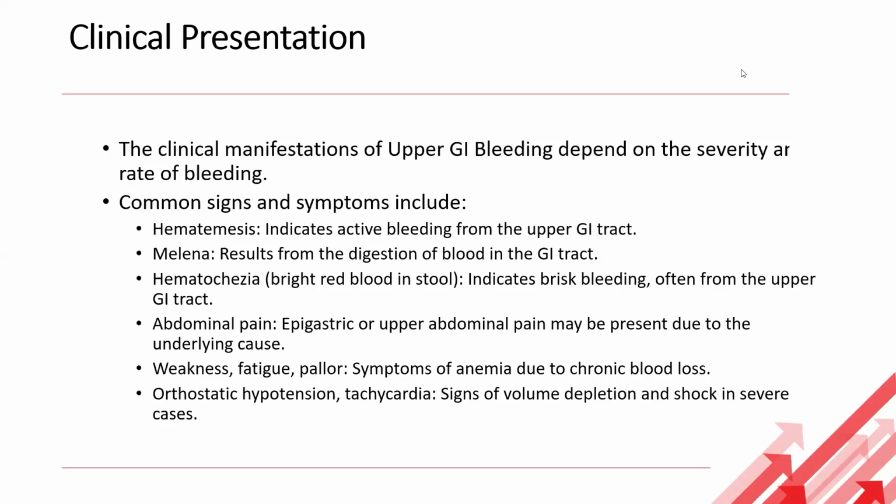So this patient is weak, but they're still coherent enough to tell you that yesterday I vomited this black-brownish thing, but it was only one episode and then it stopped. And from then I've just been feeling weak. When you do your vital signs for this patient, you find that they are within normal values. So you feel like you still have time to do proper investigations and maybe even plan for an endoscopy for this patient.